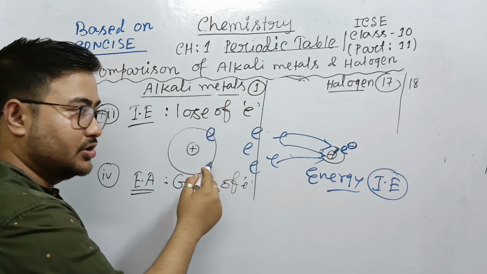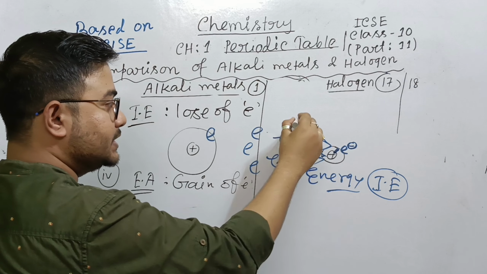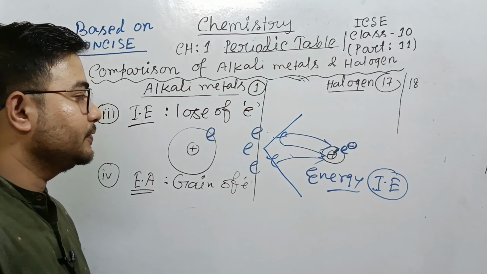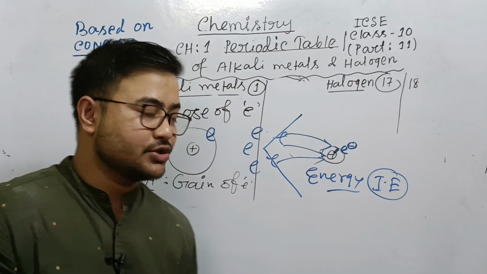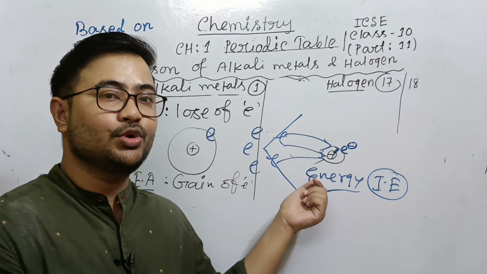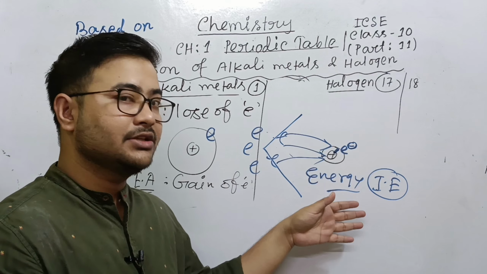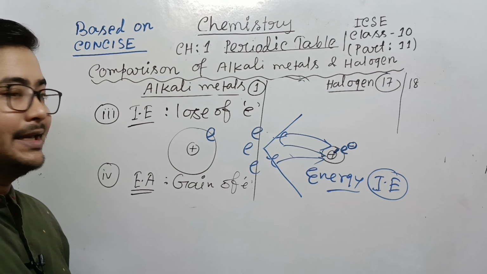So the electron affinity of halogens is also more than that of alkali metals. Since the radius of halogens is less, it has more attraction to accept the electron.